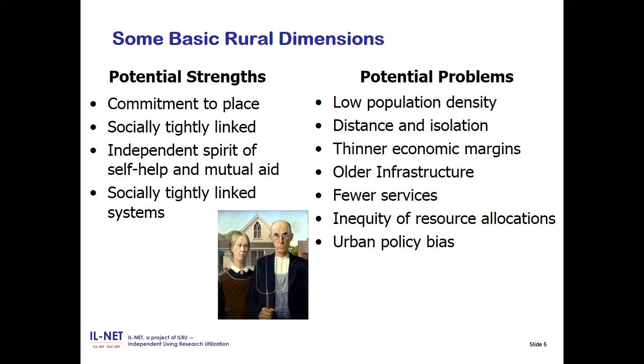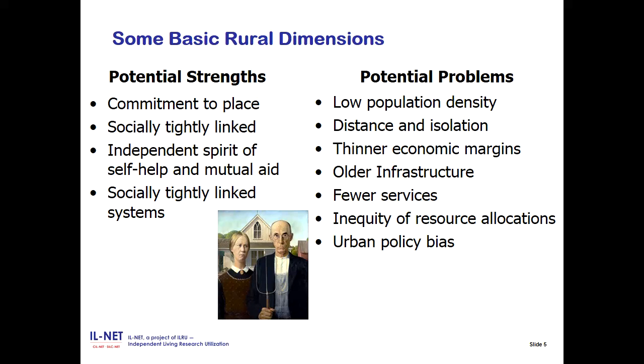Unlike in cities, where many of the systems are loose and unconnected, and where you can make a change in one system without affecting another, in a rural community, if you make a change in just about anything, it affects almost everything else. So rural communities often get the label of being conservative because they seem so slow to change. I see that as a strength, as people think about change carefully and try to understand its many implications for the linkages within their community.